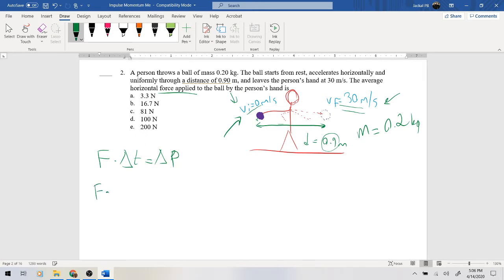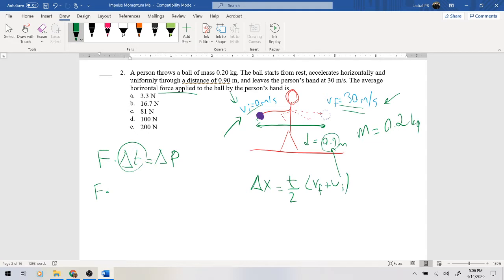F is the question mark, but I also don't know the time for me to go from one location to the other. However, they give me additional information: the distance. I know the initial and final velocities, and I know the displacement. Then you are going to think about kinematics equations. So delta x equals t over 2 times (v final plus v initial).